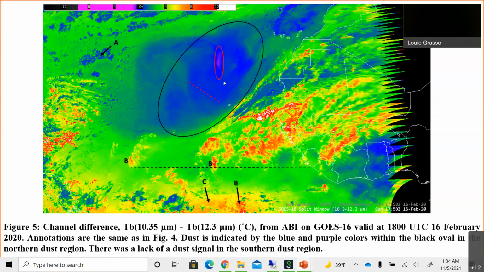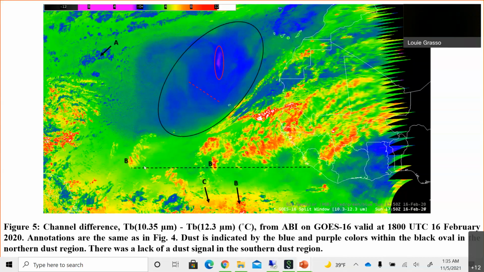It turns out Shiwei's presentation on his page 10, figure A, lower left, the green contour, shows very nicely why the split window difference works here, where the brightness temperatures at 10 microns are cooler than at 12 microns. And so you get a negative dust signal when you do brightness temperatures of 10 microns minus 12 micrometers.